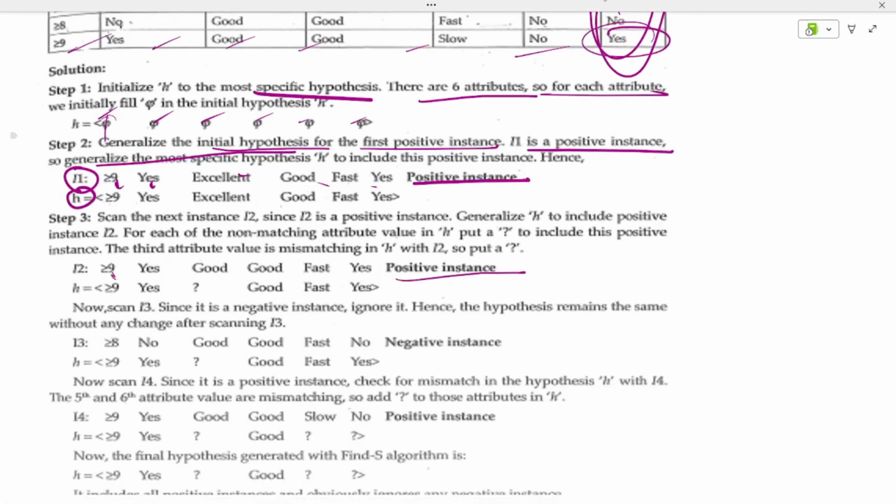You should compare I2 with H. Yes is the same, so yes stays yes. Here it is excellent and here it is good, so you replace with a question mark. Question mark means it can take either excellent or good, both values. Next, good good good only, fast fast fast only, yes yes yes only.